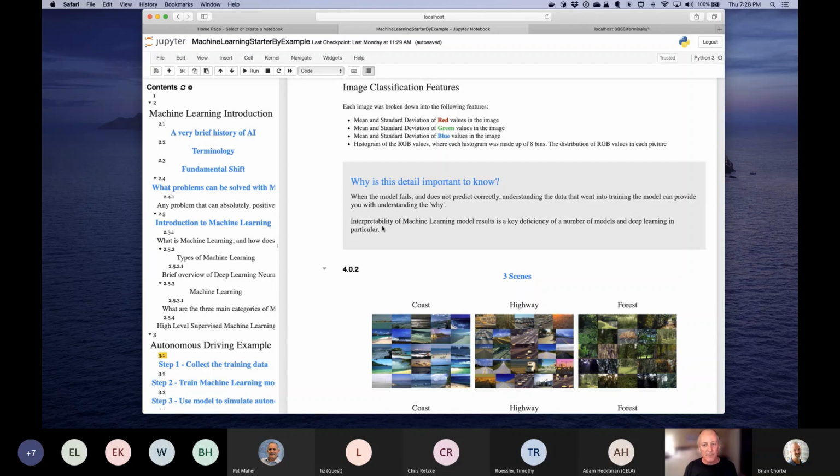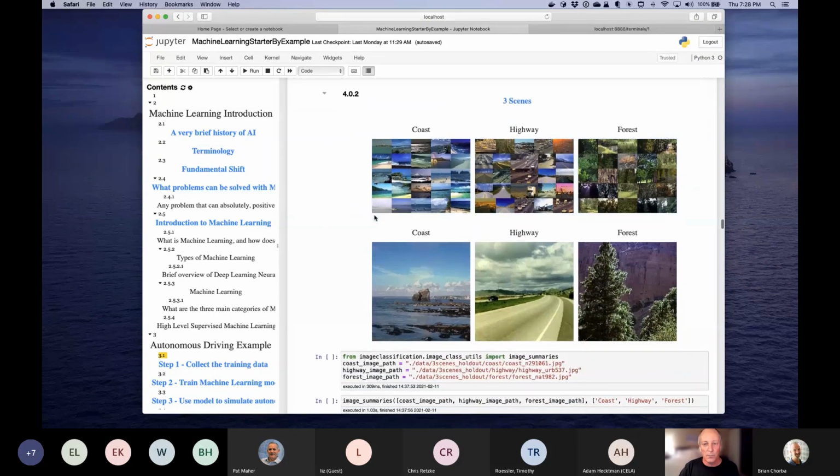When this machine learning model fails, we have to know what the data was that went into the model. What is it looking at? What attributes is it trying to pull out of the data, and what patterns is it trying to find? Having an understanding that I'm looking at color distribution will help me understand why a machine learning model might fail.